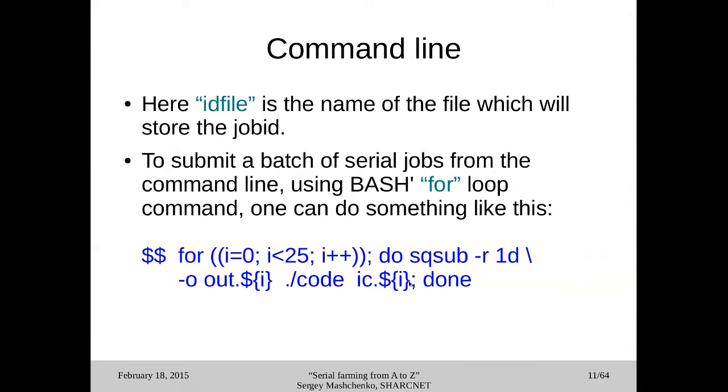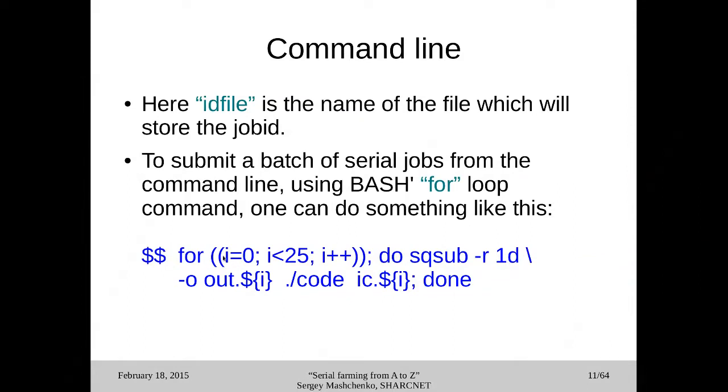Let's say your initial condition files are IC.number, and the number goes from, let's say, 0 to 24. This shown for loop, by the way, is a single line bash command. I'm using the backslash at the end of the first line as a continuation. When you type the command in your bash script, you can type it as a single line.